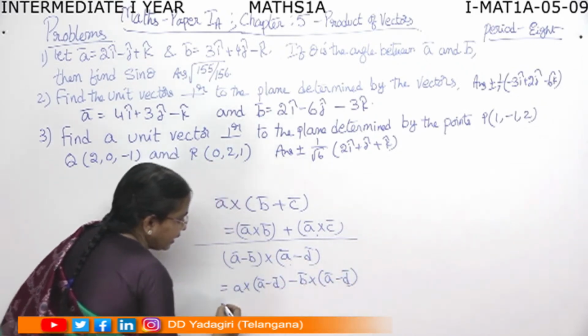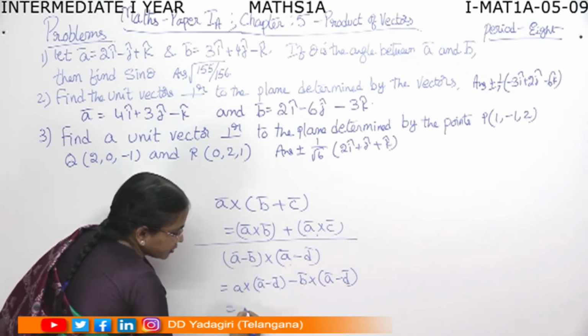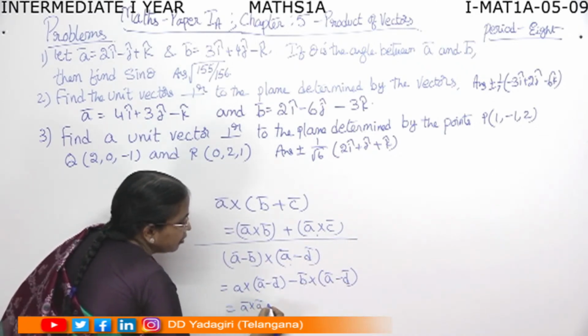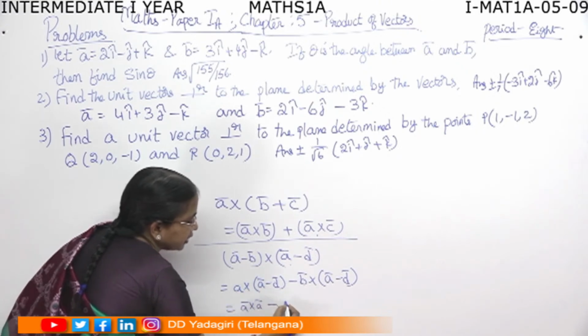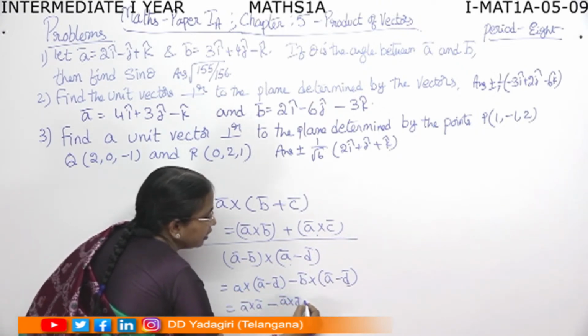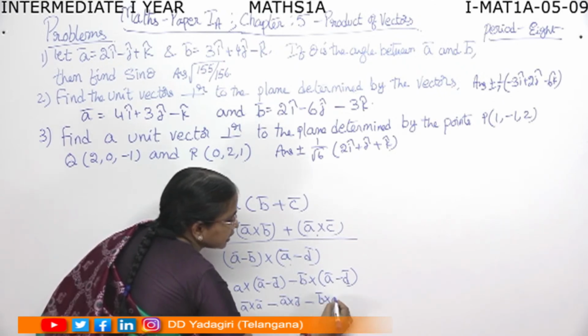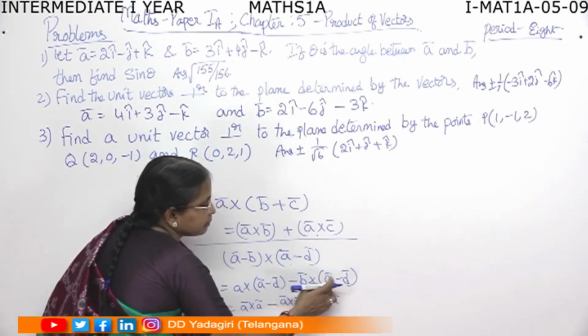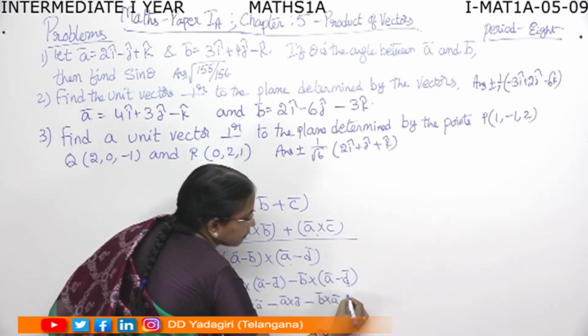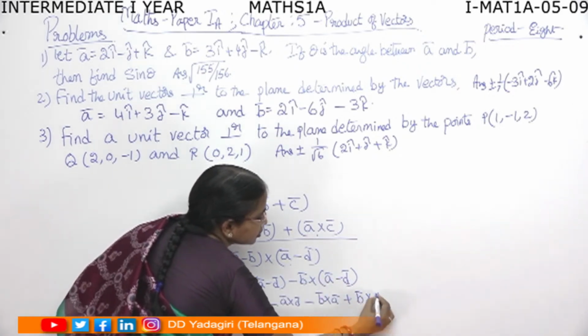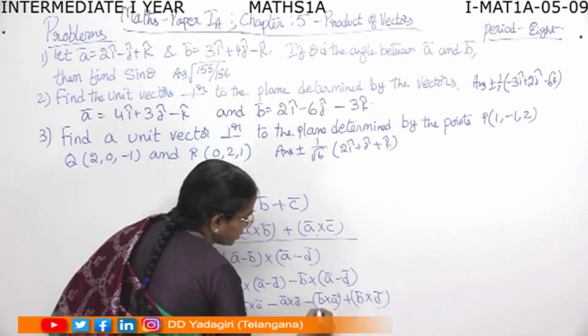So like this we'll write. And so it is A cross A minus A cross D minus B cross A. So minus B cross A, minus of minus is plus B cross D. These are all the cross products.